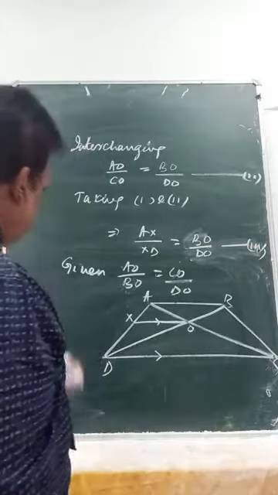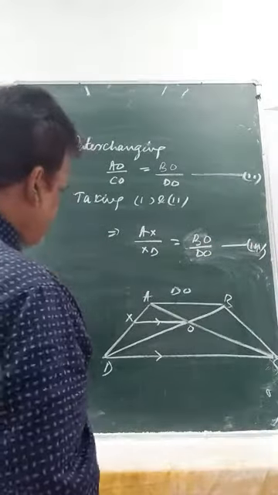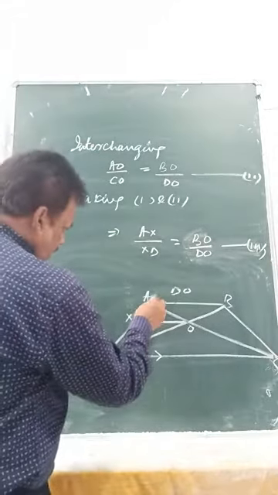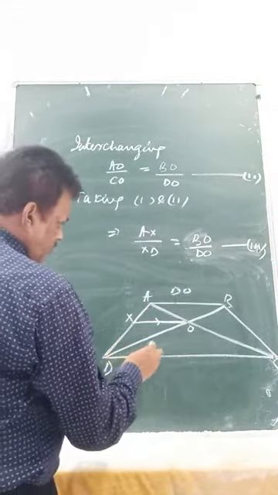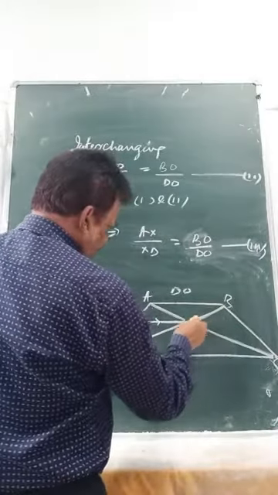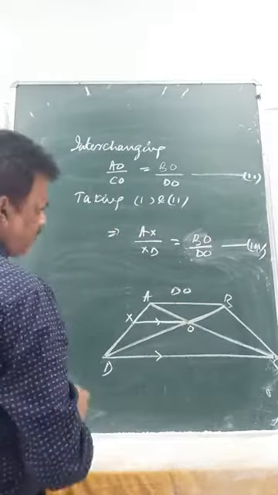Okay. Now look here. AX by XD equals BO by DO.